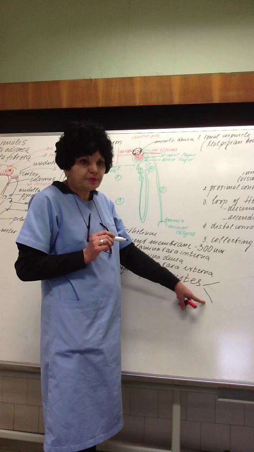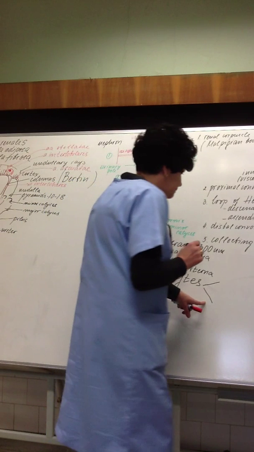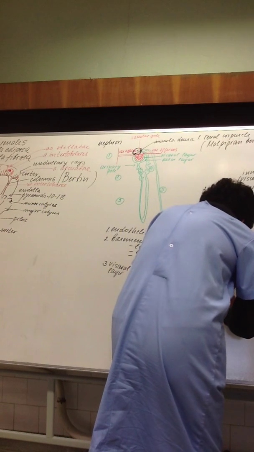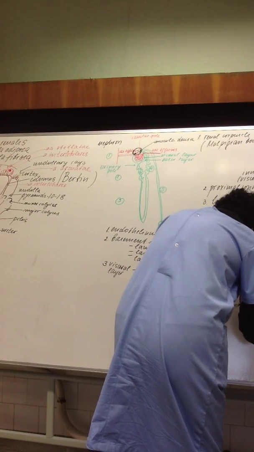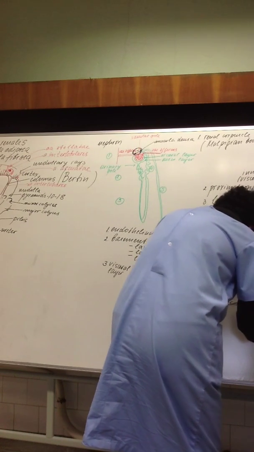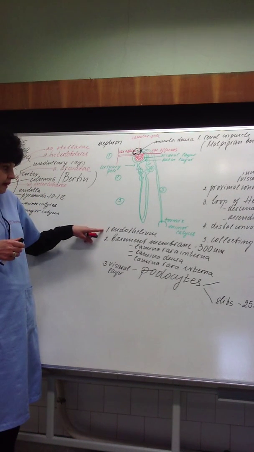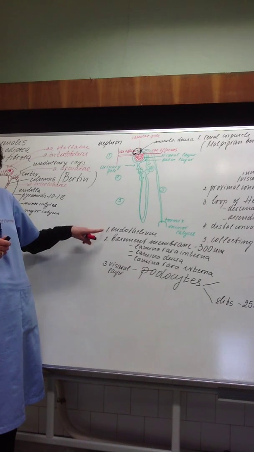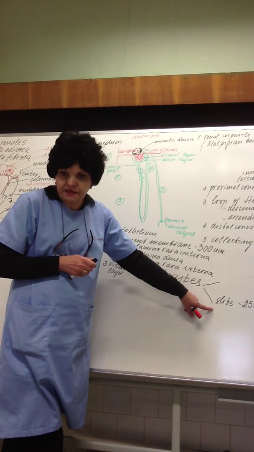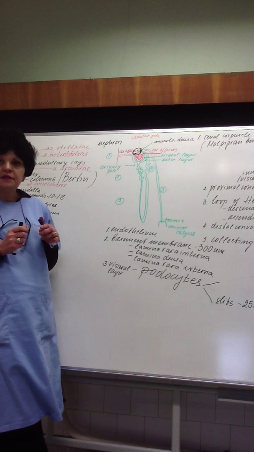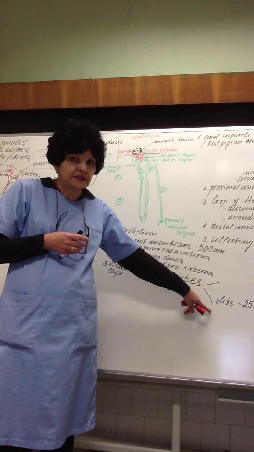Between secondary processes are located so-called filtration slits. These slits are about 25 nanometers. The permeability of the endothelium is larger than the filtration slits of the podocytes. That's why the most important barrier, the filtration barrier, is the filtration slits.